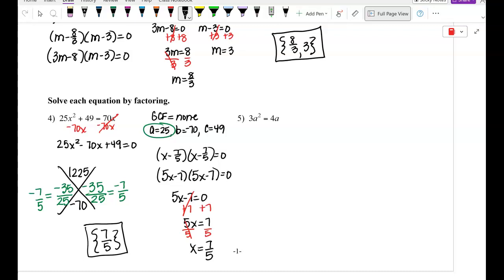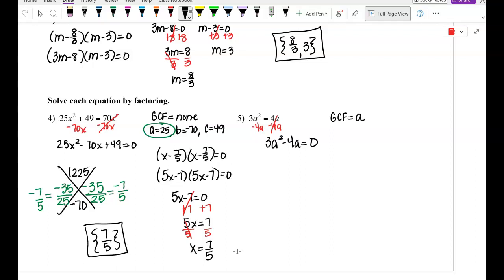All right, number 5, 3a squared equals 4a. So I'm going to subtract that 4a. So we have 3a squared minus 4a equals 0. Do we have a GCF?